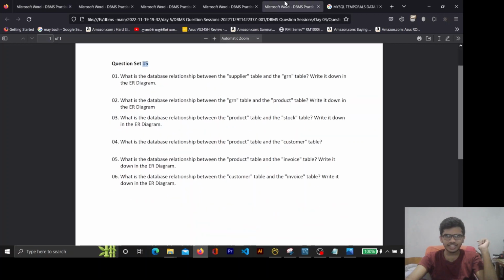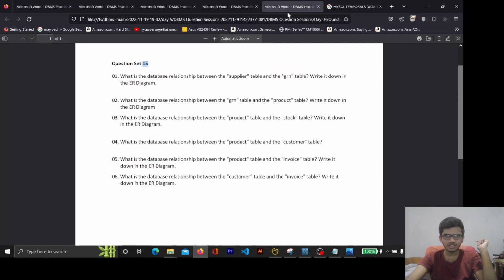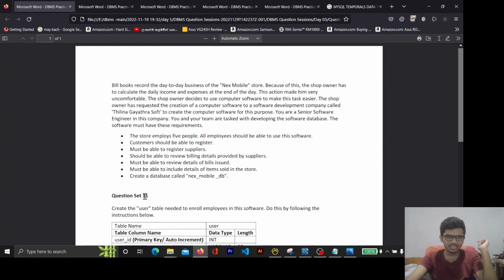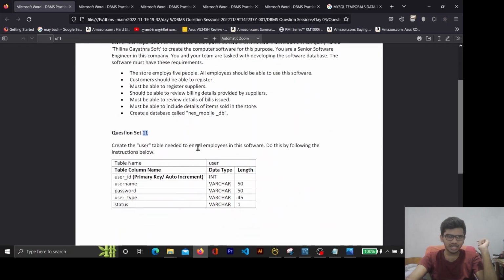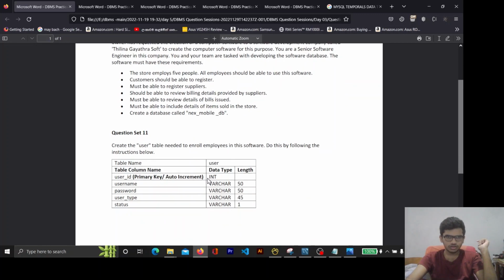So let's quickly recap what happened up to set 15 from question set 11, because this is a continuation of question set 11. In question set 11 we created a database called NextMobileDB for the NextMobile store, and we included a table called user in the database.